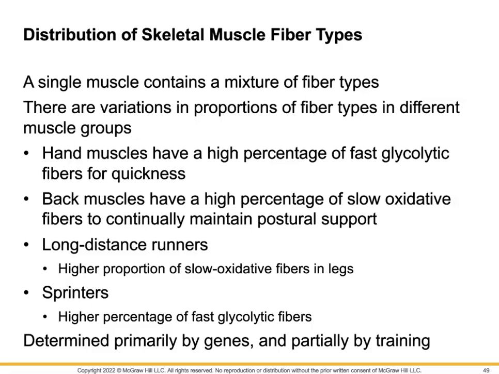Top athletes that do things with just brief, intense periods of activity like weightlifting or sprinting are going to have a higher percentage of the fast glycolytic. Now, part of this is determined by genes, and part of it is simply by training, because sometimes these fibers have the ability to transition from one type to another to meet demand.